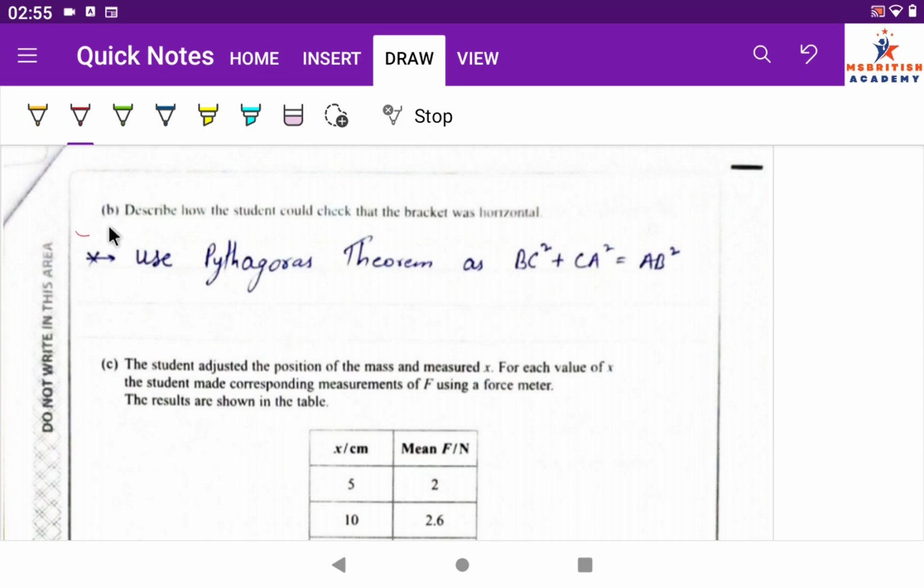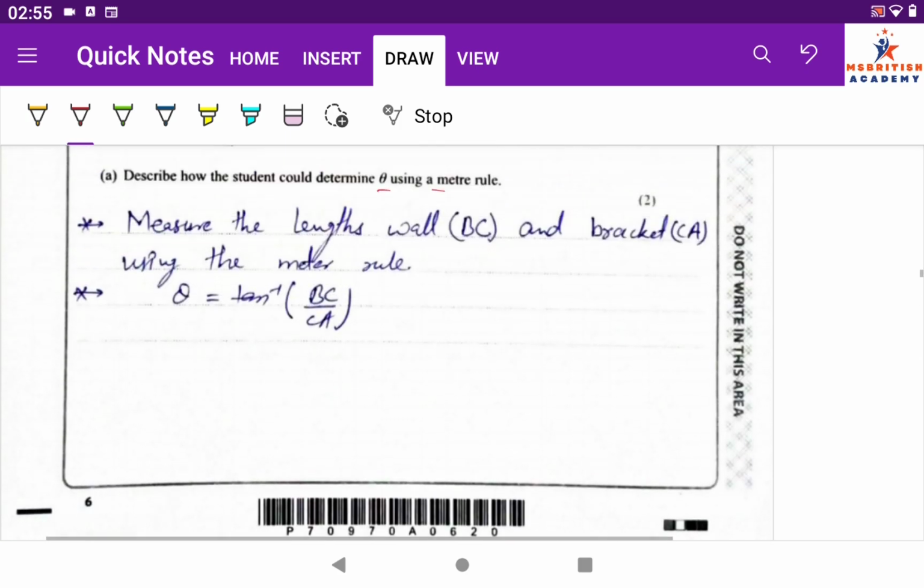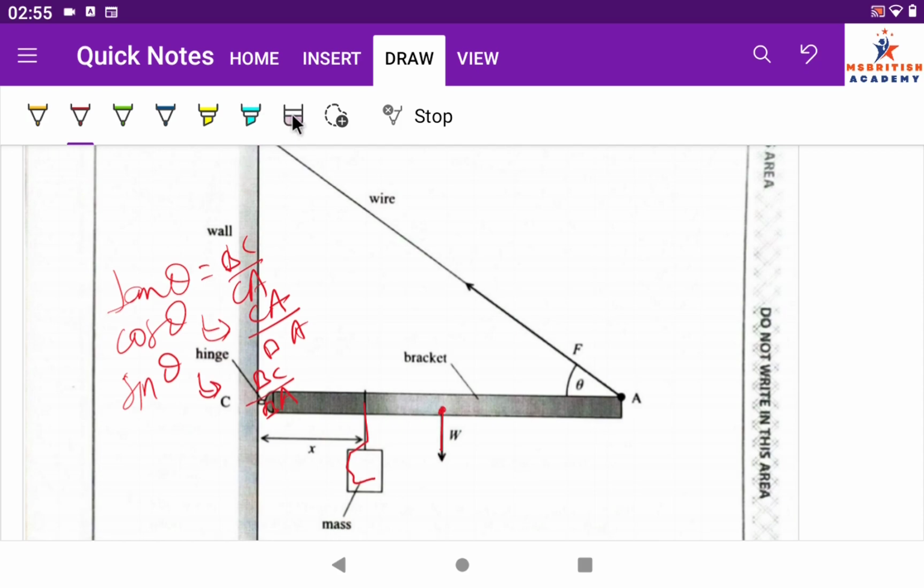So for finding out that the bracket was horizontal, you can use the Pythagoras theorem. If the wall is vertical and the bracket is horizontal, the angle between wall and bracket should be 90 degrees.